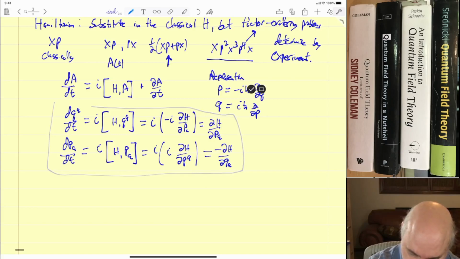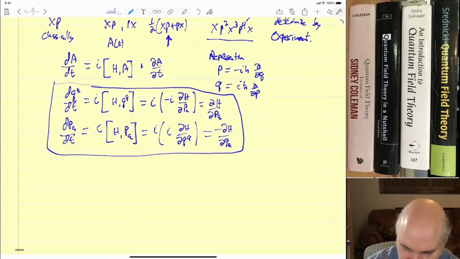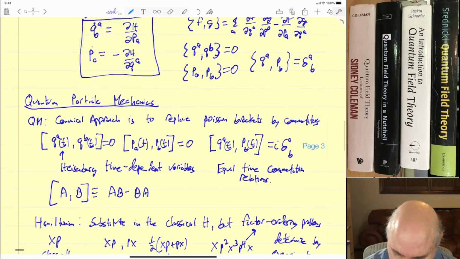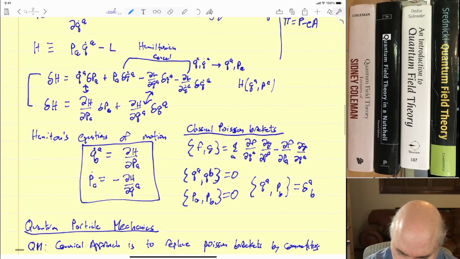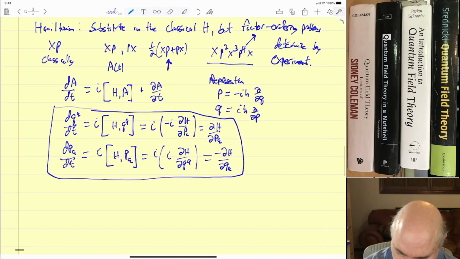So these two equations look the same as the classical equations. The quantum equations, the Heisenberg equations of motion, are the same as Hamilton's equations.